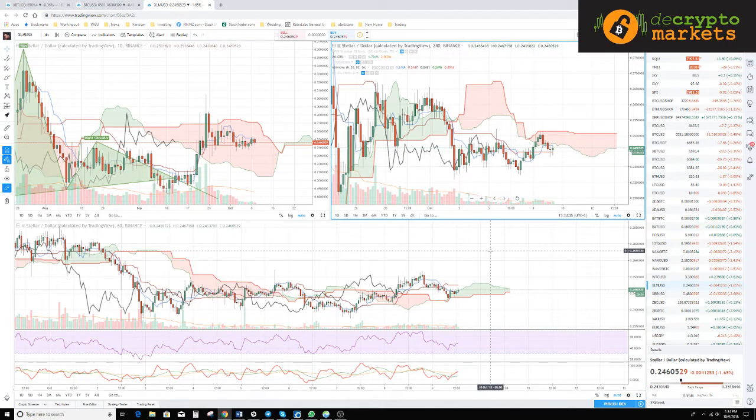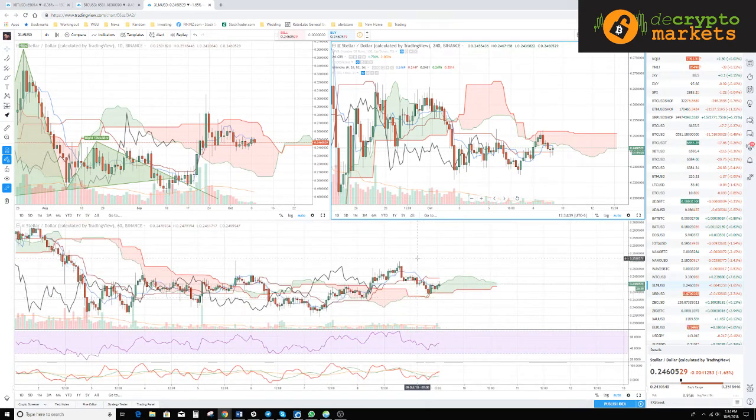So the 4-hour doesn't really have a clear entry. Taking a trade on the 1 hour is totally doable, where if we saw the lagging span break above price, we'd be at 25.09, and price action would trade above the base here. 25.05 wouldn't be a bad entry. What's that look like over here? We're getting close to the top of the cloud there.